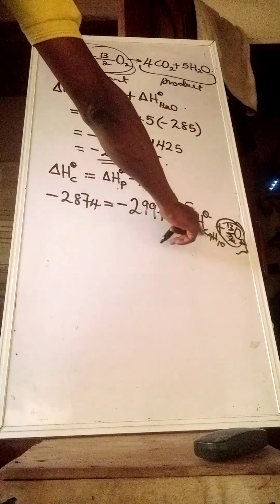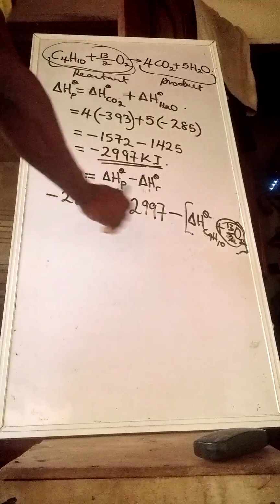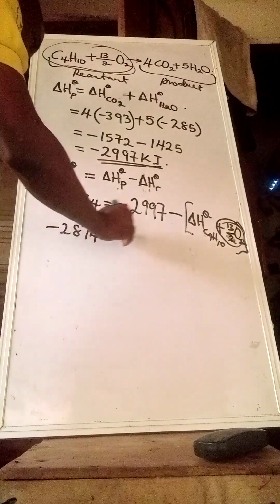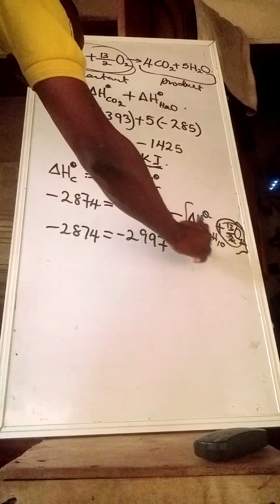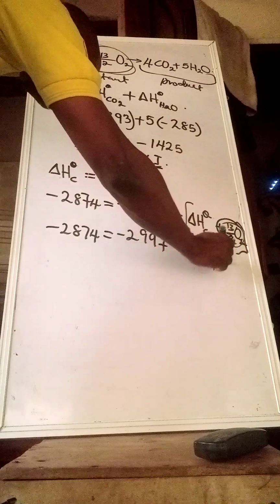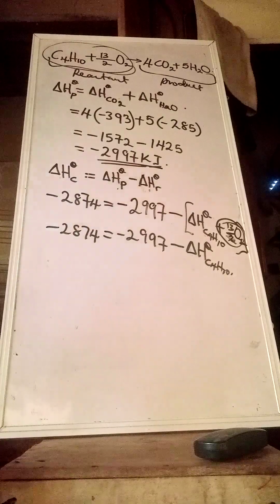This will be 0. That means we have the formation of this left, and this is what we are looking for. So definitely that would be minus 2,874 is equal to minus 2,907 minus delta H, standard delta H for C4H10. That is the formation of butane that we are looking for.